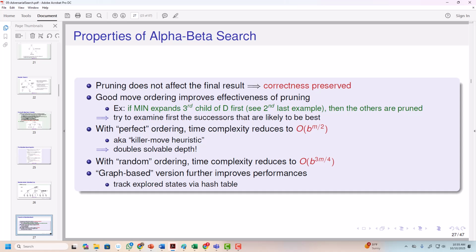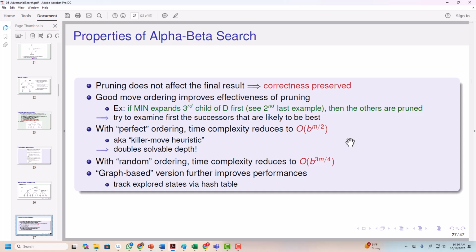But that's the best case, where b is the branching factor and m is the depth of the tree. This is a dramatic improvement compared to Minimax, which requires b to the power m, if you remember. Now this is b to the power m over 2. This basically means the square root of b to the power m.